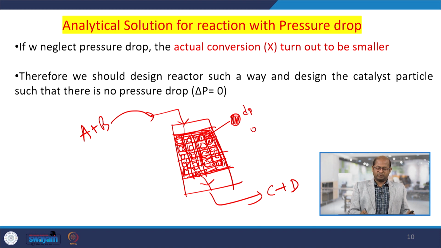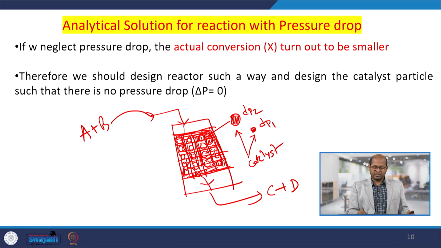We can place smaller diameter particles, this is also catalyst, this is also catalyst, but the particle diameter is smaller, say dp2 and dp1. The same catalyst is there in both cases, but the catalyst particle diameter is different, one is dp1 and another is dp2.